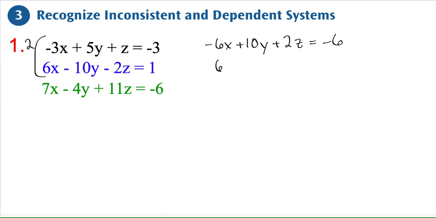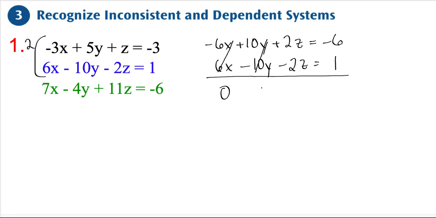And then we rewrite the other one out. Okay, and right away here after the first step, we're looking at something where everything kind of cancels. That gets me a 0, that gets me a 0, that gets me a 0. And so we have 0 equals negative 5.